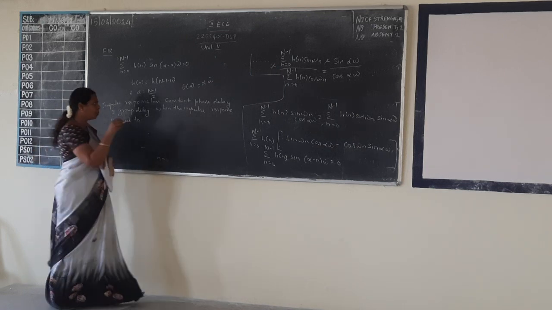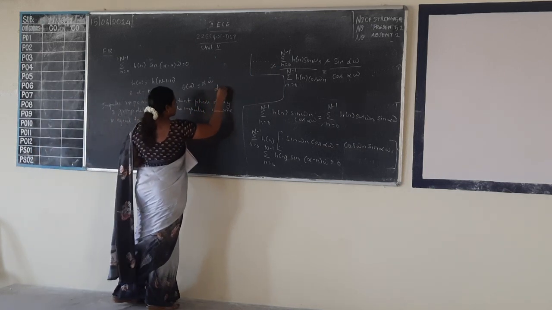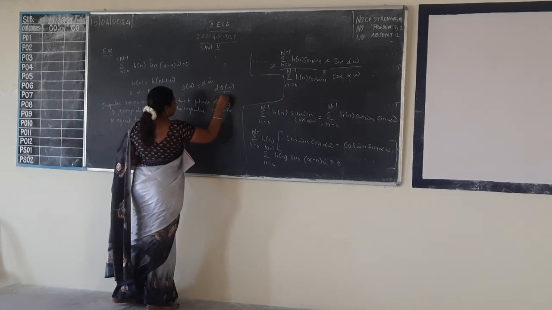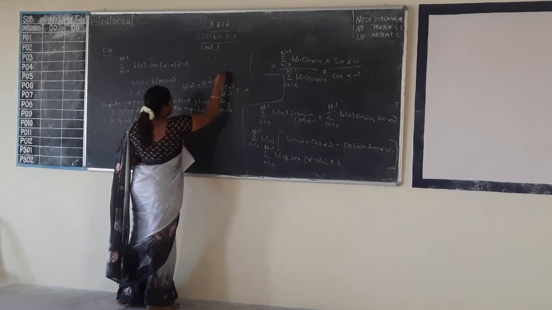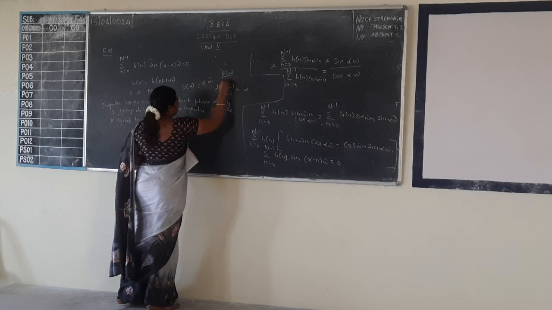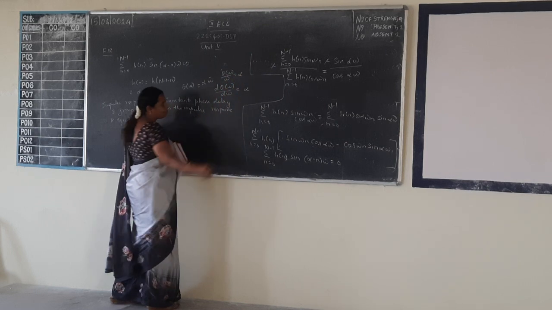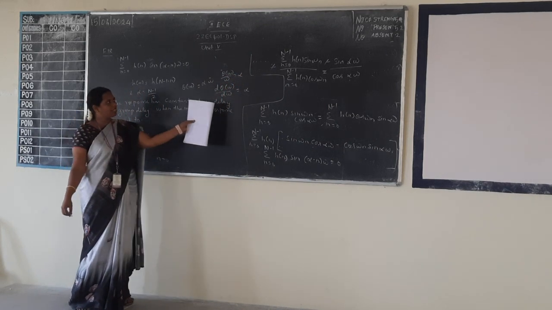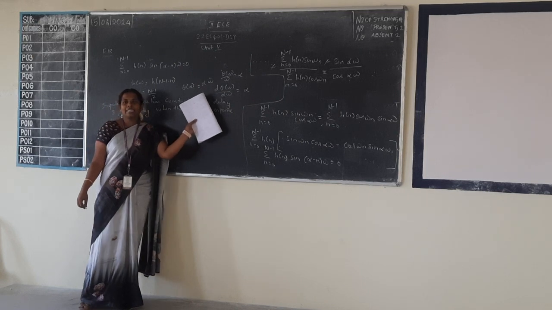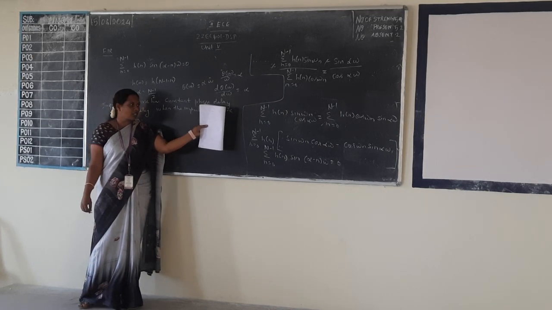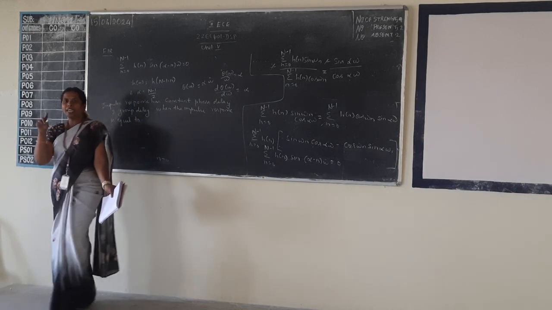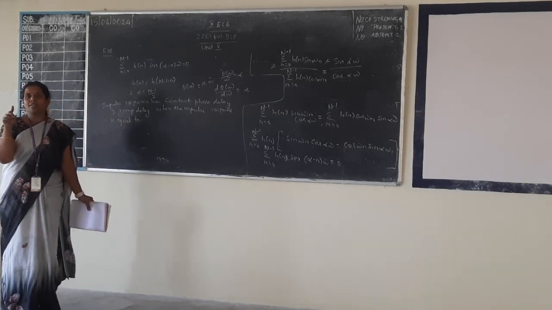and we have the group delay also the same value. D theta of omega divided by d omega is alpha, and phase delay is also alpha. Phase delay is theta of omega by omega, which is equal to alpha, and d theta of omega divided by d omega is the group delay, which is also equal to alpha. For group delay, we differentiate with respect to omega.